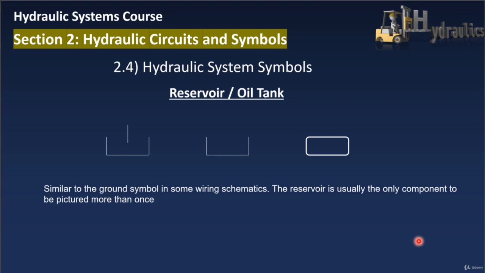Rather than having lots of confusing lines, it is customary to draw an individual reservoir symbol close to the component. In some cases, I will have drain from the pump, drain from the valve, and drain from the actuators all going to the same hydraulic reservoir, but in some sketches I can draw this small box attached to the item to indicate that it will be drained to the reservoir.